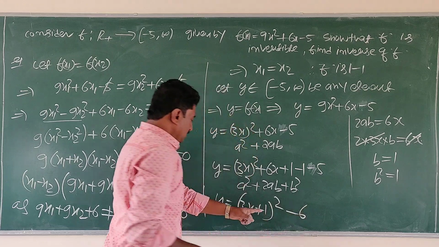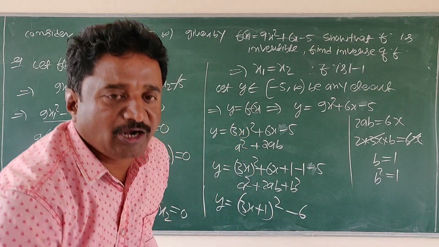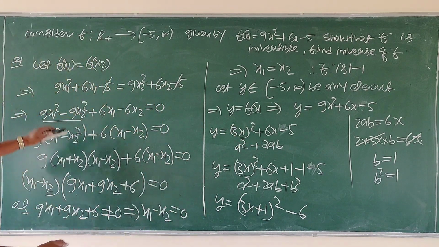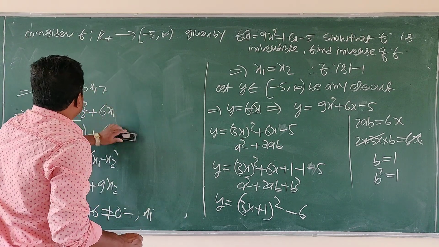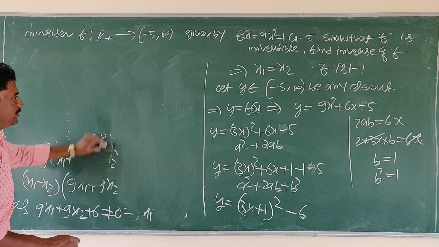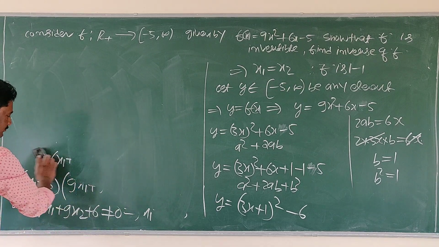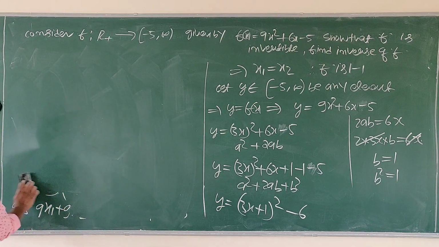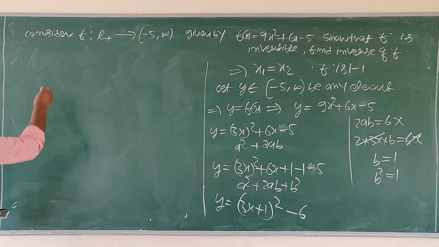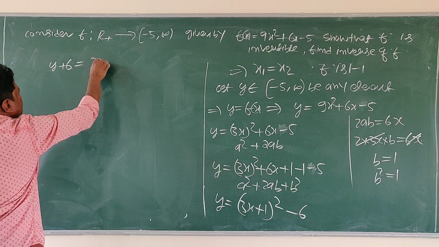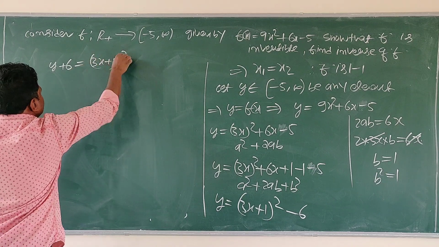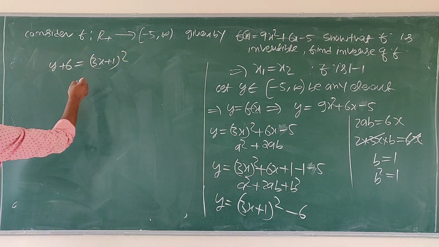Now calculate the x value. Onto means finding the x value. You find out the x value. So that is small y. Small y plus 6 is equal to (3x plus 1) whole square. Bring the square to this side, it becomes root.